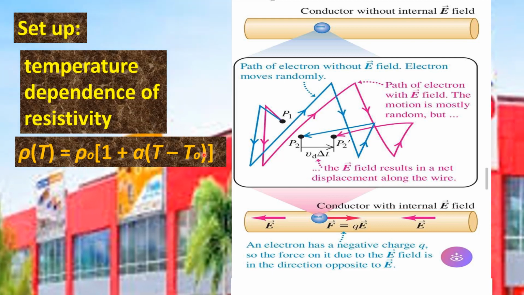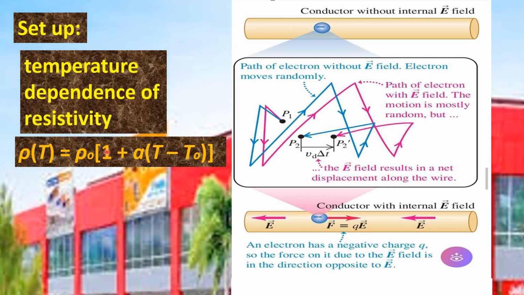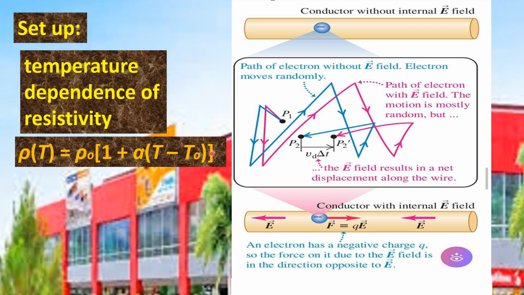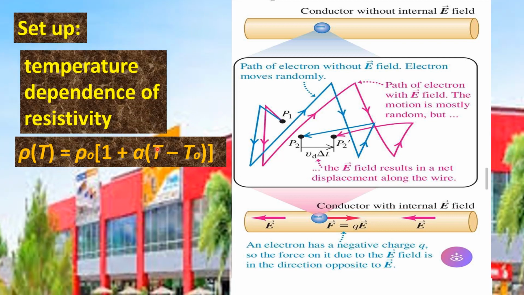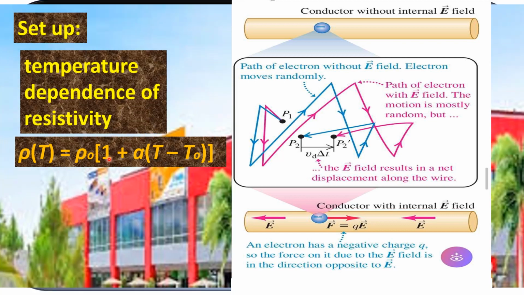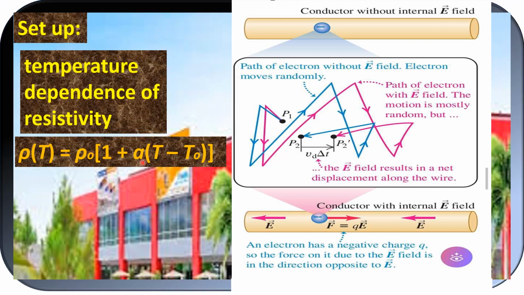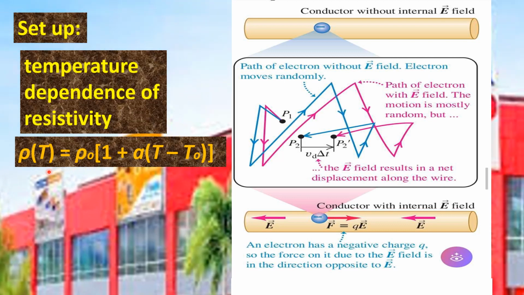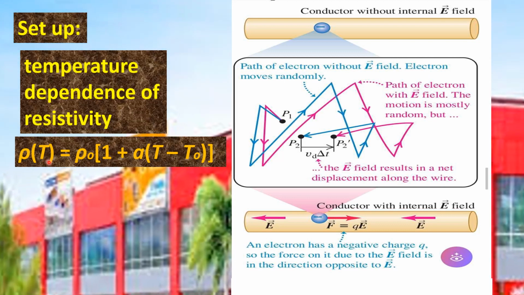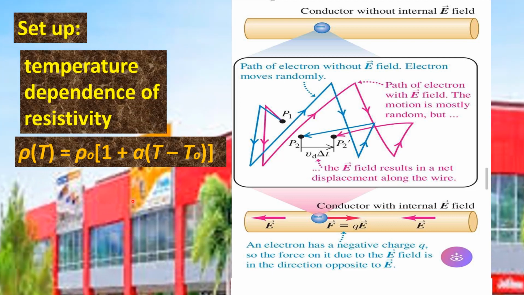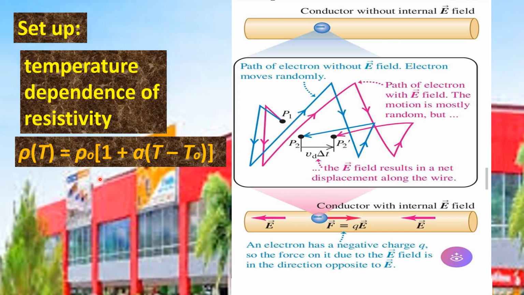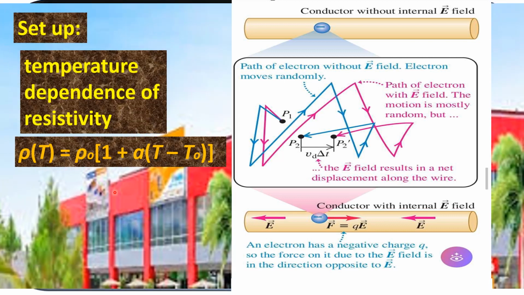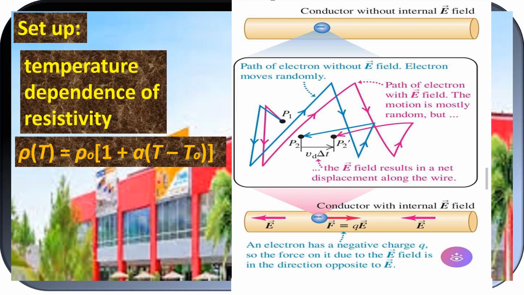Their product will then be added to the constant 1 before their sum will be multiplied to rho naught. Whatever comes out as the product will be the resistivity of the material at that final temperature, capital T.